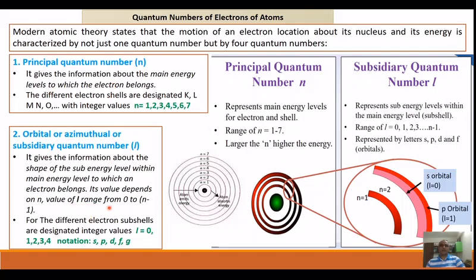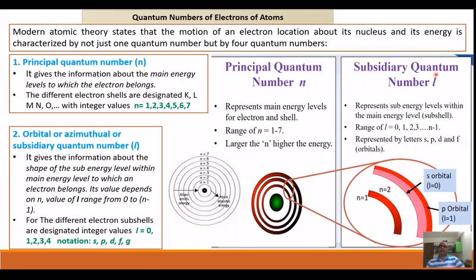The value of l ranges from 0 to n minus 1. The different electron subshells are designated by integer values l equals 0, 1, 2, 3, 4. The notations are s, p, d, f, and g. Sometimes there may be g, but it is not there, and up to d we can study.